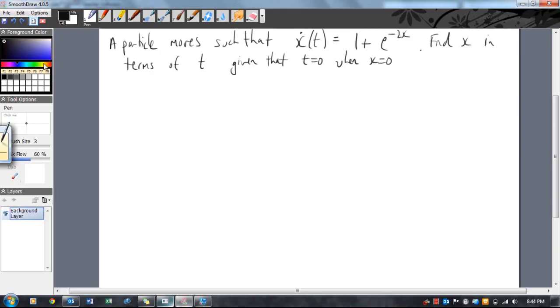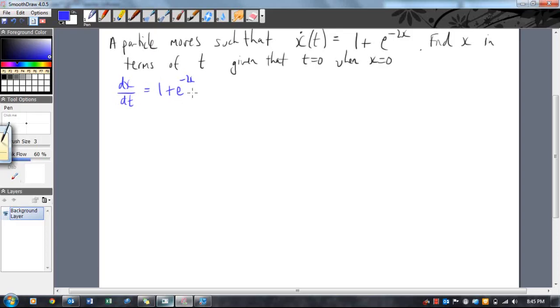Okay, so what we've got is x dot of t. Let's just rewrite that. That means dx dt, that's what x dot means, equals 1 plus e to the negative 2x. Can we solve this?